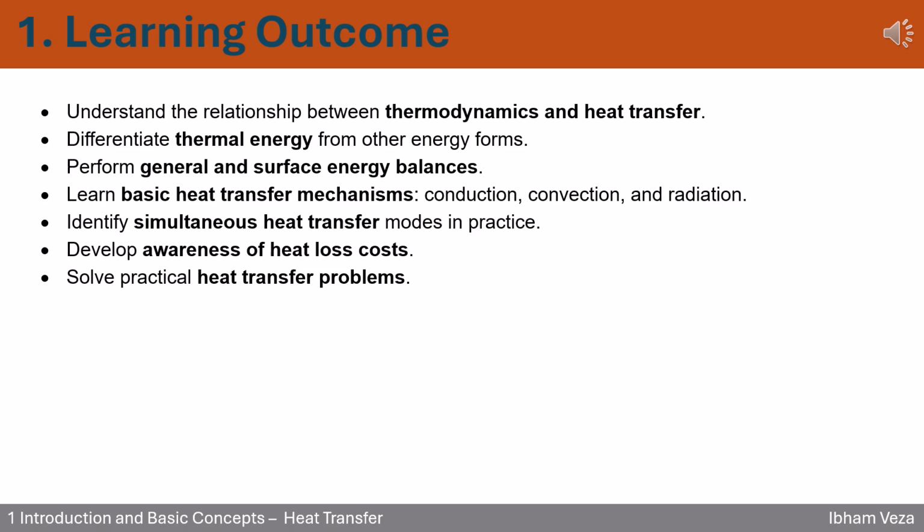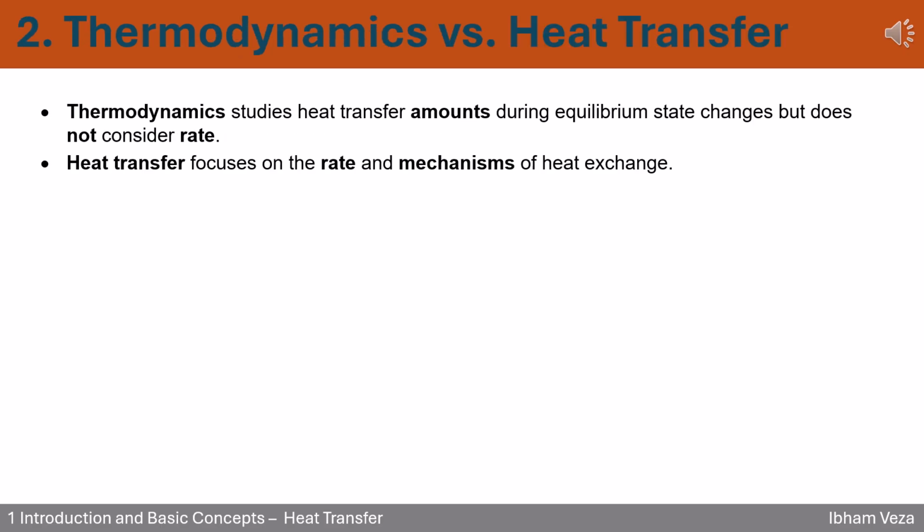Most importantly, you will understand the three key heat transfer mechanisms: conduction, convection, and radiation, and learn how they interact in real situations. A strong learning outcome should guide you through theory and practice, helping you solve real-world heat transfer problems with confidence.